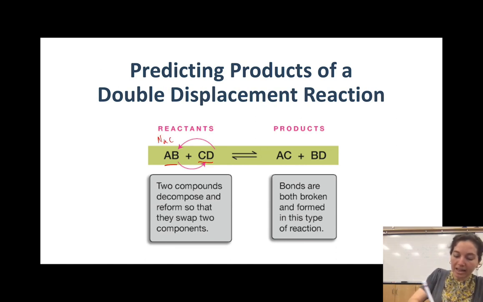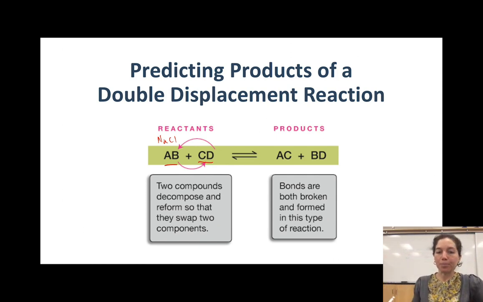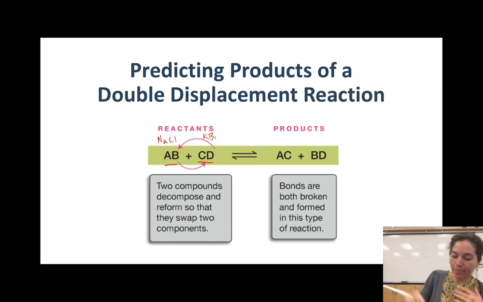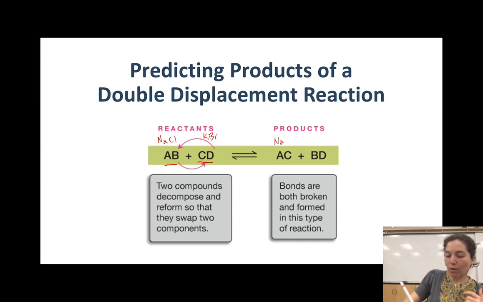So something like NaCl is your A and your B. These are different atoms, and what happens here is their components trade and swap. So maybe you have KBr here, and you react these together. The bonds holding these compounds are broken and then reformed such that they're energetically more favorable, and so we see these new products.